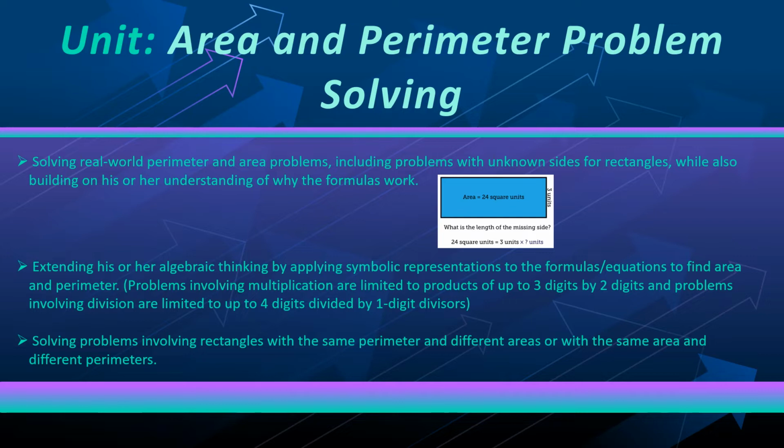This includes multiplication with digits up to 3-digit by 2-digit, and also division with 4-digit dividends by 1-digit divisors. We're also solving problems involving rectangles with the same perimeter in different areas or same area in different perimeters.